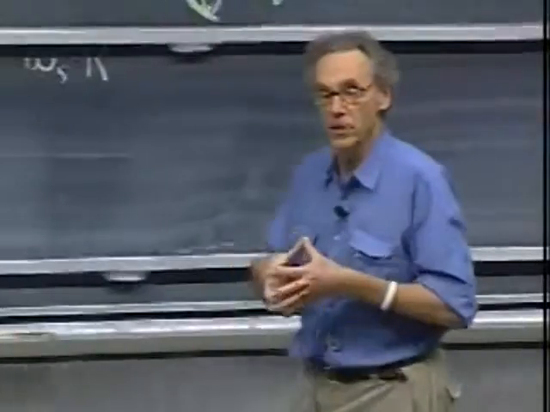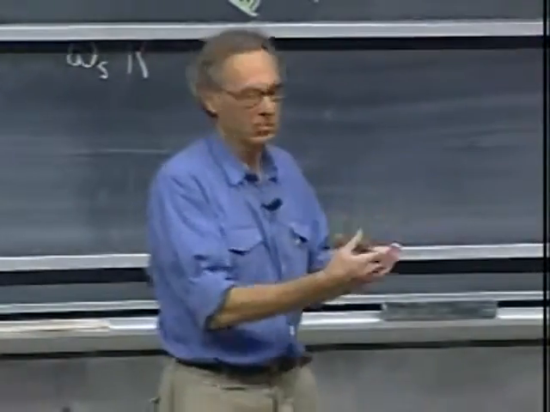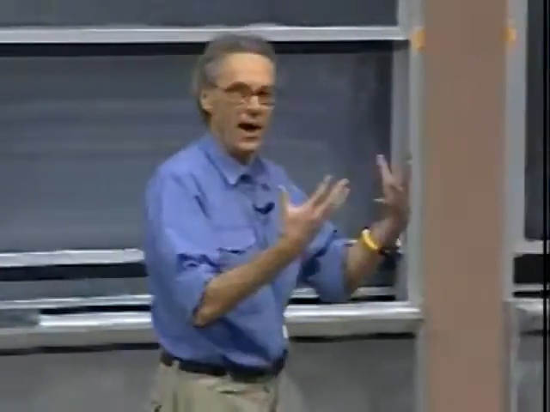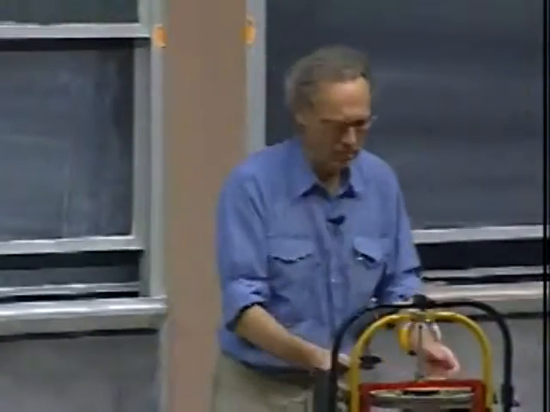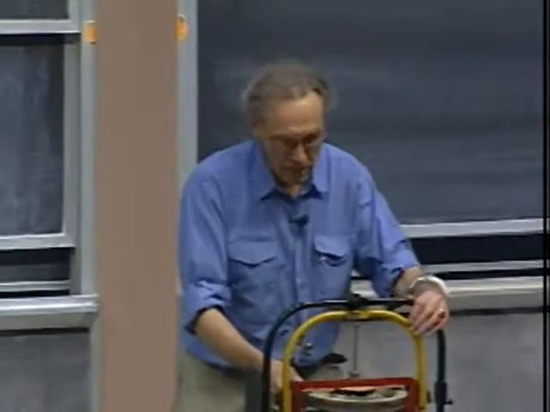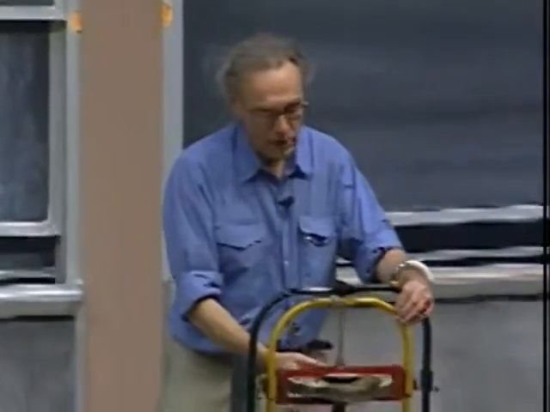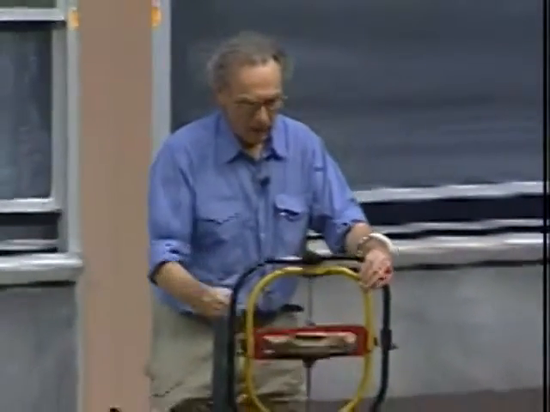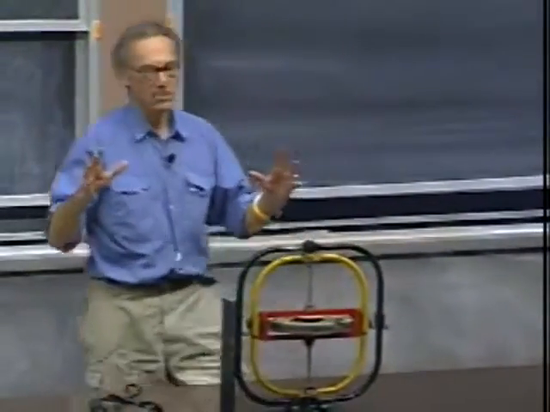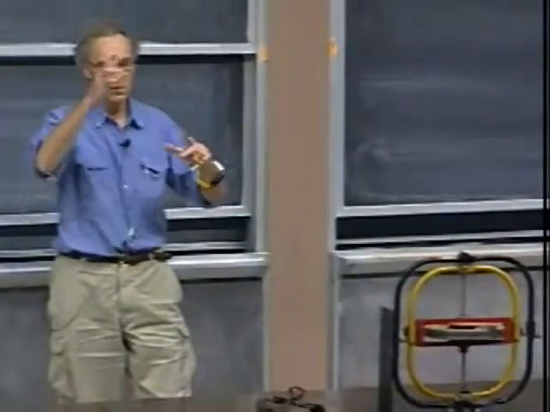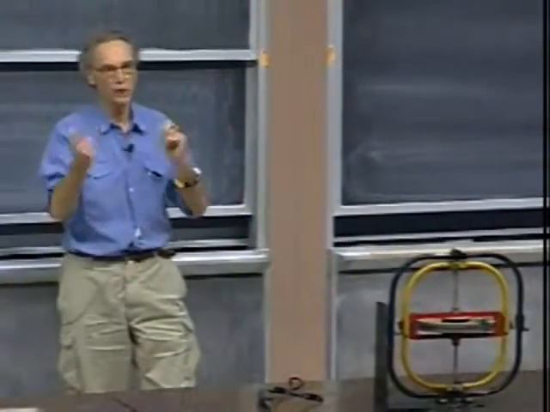This is the basic idea behind inertial guidance systems. In inertial guidance systems, you have a spinning wheel. At least in the days that the guidance systems had mechanical wheels. You have a spinning wheel, but that spinning wheel is mounted in such a way that you cannot put a torque on the axis of rotation of the spinning wheel.